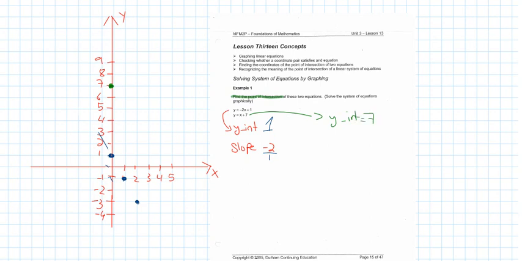If there is no number in front of the x, your slope is 1. So that means you're going to go up 1 to the right 1. So if I go up 1 to the right 1, this is where my point is.